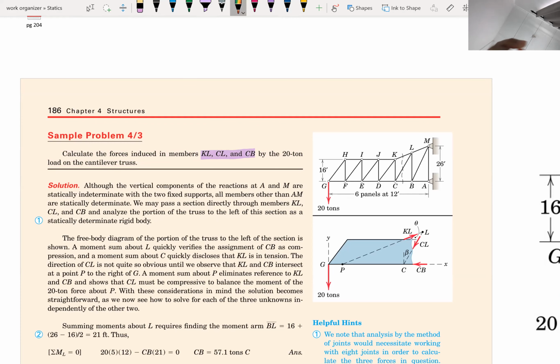This is the KL, CL and CB. So kita kena cut section where? We have to cut section through the members. That is the first thing we have to cut.